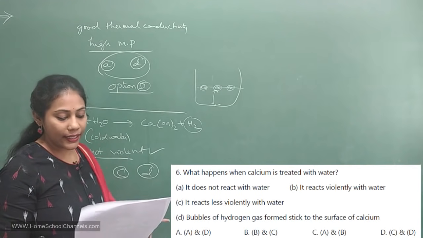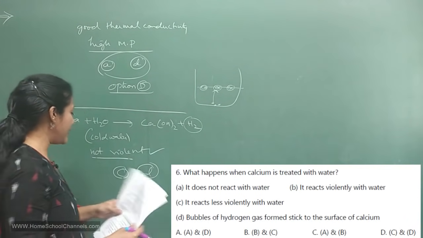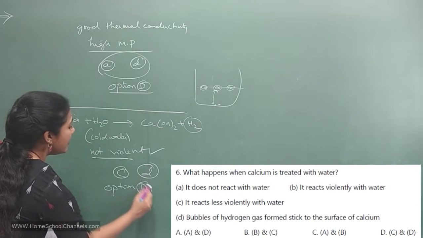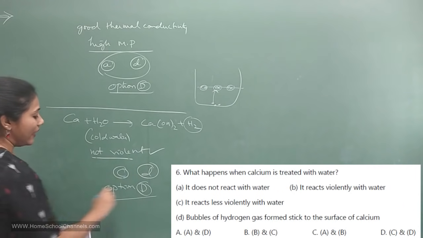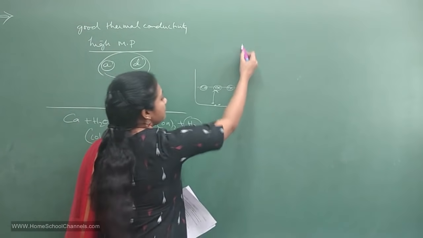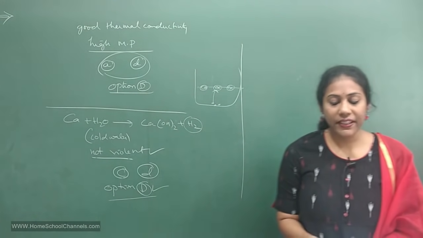Which of the options has C and D correct? It is option D. In option D, you have C and D correct, right? So option D is the answer in this case. Clear? Fine. And let's go for the seventh question now.